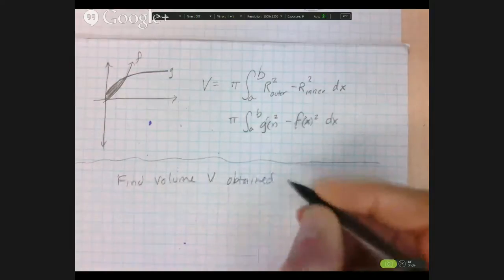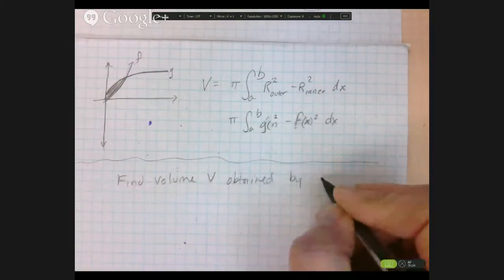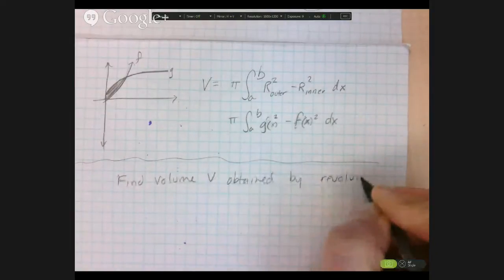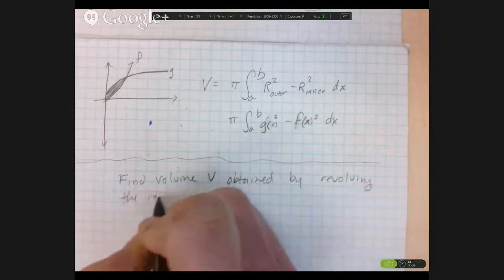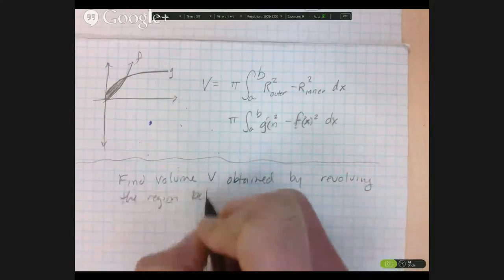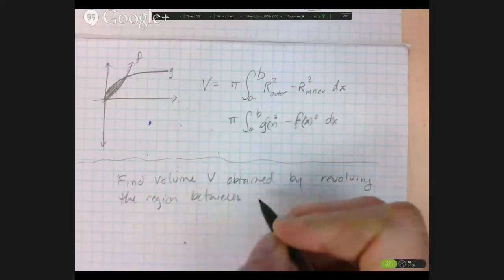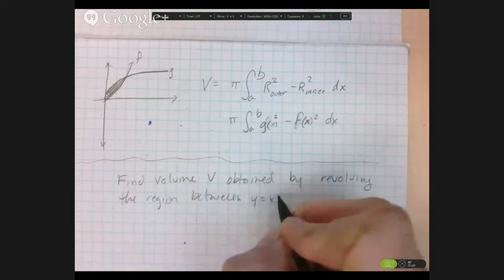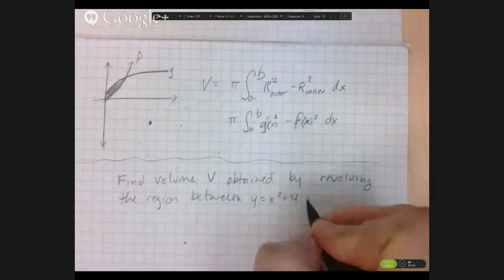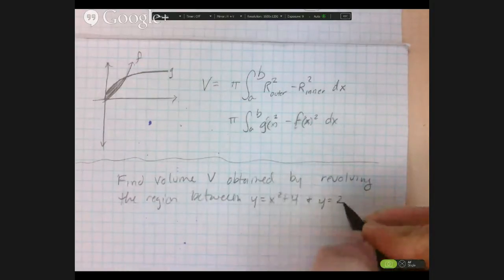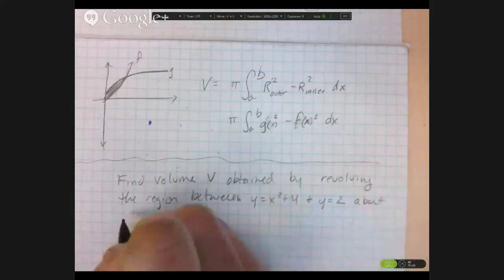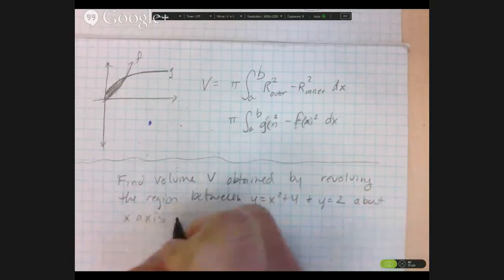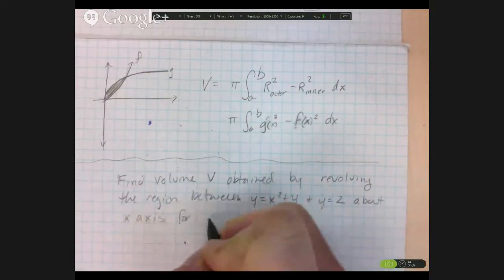So find the volume V obtained by revolving the region between y equals x squared plus 4 and y equals 2 about the x-axis from 1 to 3.